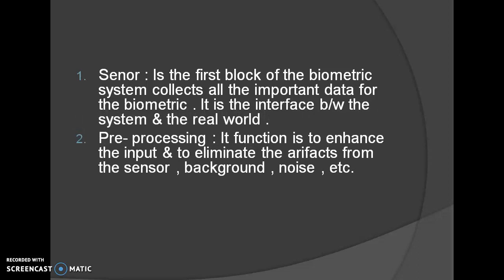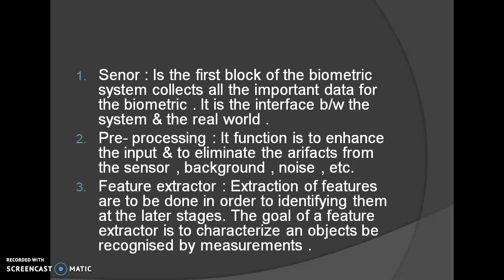Second one is pre-processing. It enhances the input and eliminates the effects of sensor, background, noise, etc. Third one is the feature extractor. It helps to characterize the object to be recognized by measurement.